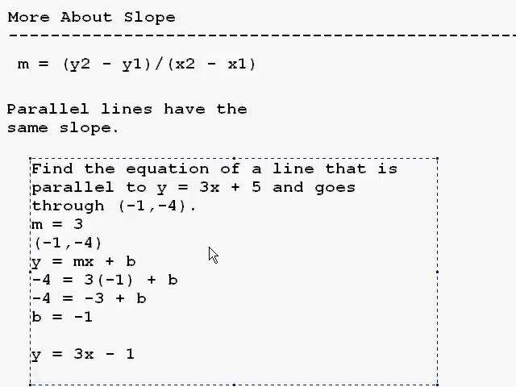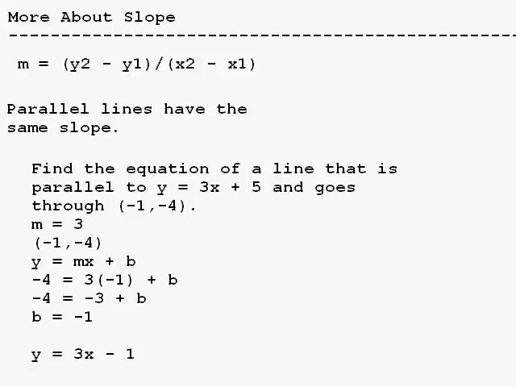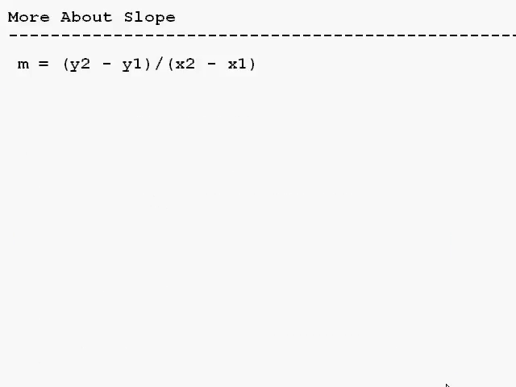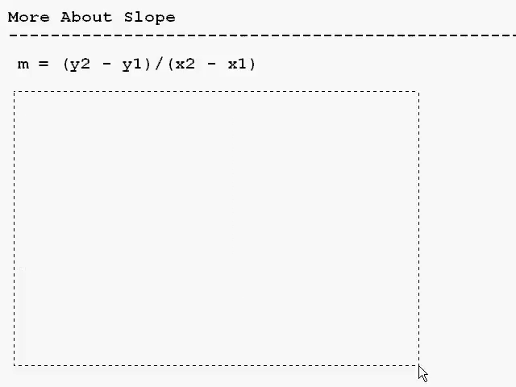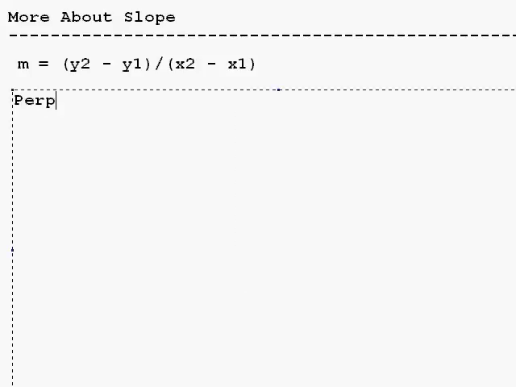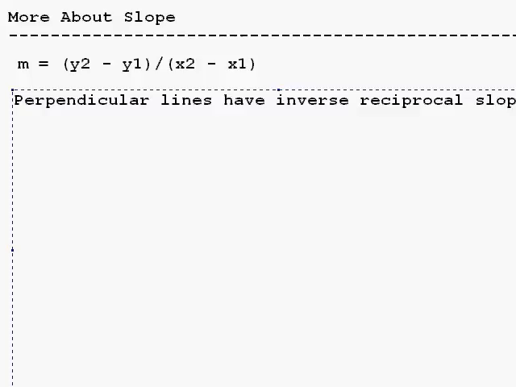Finally, we have perpendicular lines. That's two lines that intersect each other at 90 degrees. They have inverse reciprocal slopes. And all this means is you take the reciprocal and you change the sign.